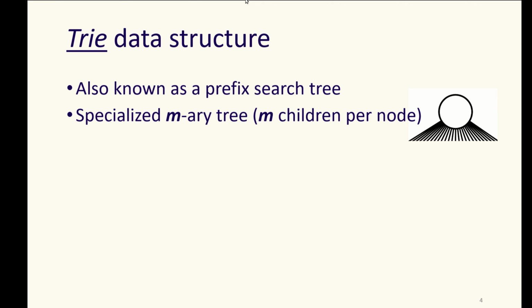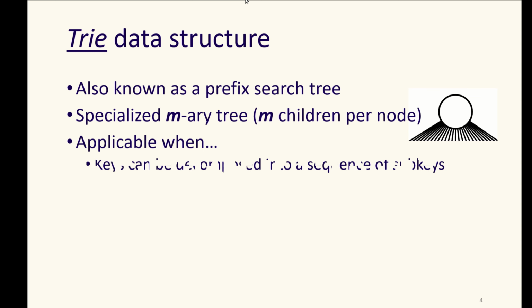So for standard words, it might be 26 children for each node, each letter of the alphabet. Another thing that tries can be very useful for is DNA, genetic information, where we'll have only 4 possible values in the alphabet, and therefore only 4 children per node. So that could limit the scope of the tree and be a little smaller, fit a little better.